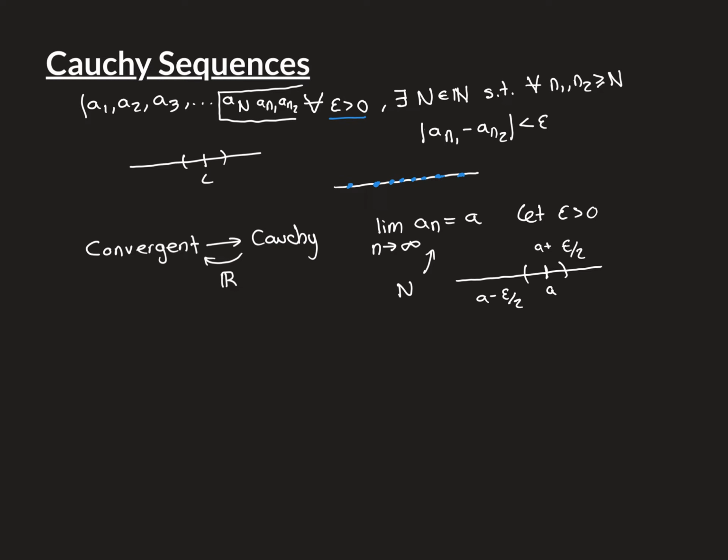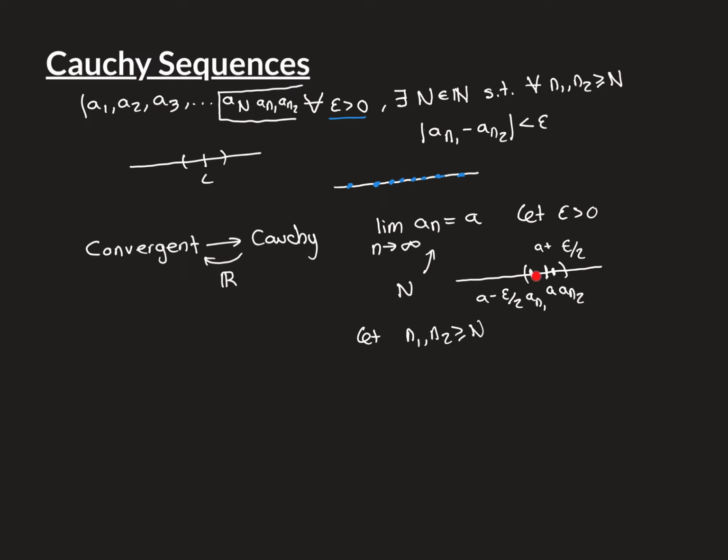Because we can now apply the triangle inequality. So we know that if we take two terms of the sequence that are beyond big N, so let n1 and n2 be greater than or equal to big N, they're going to be inside that interval is what we now know, a_n1, a_n2, because that's how we found big N. It was the term for which all the terms beyond it are inside that epsilon over 2 interval.